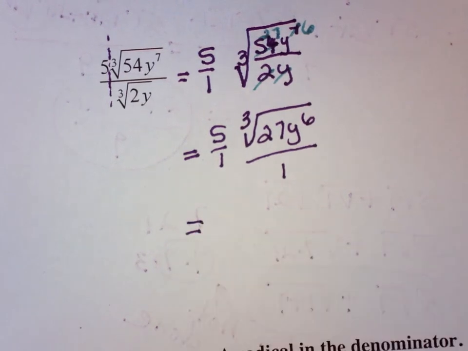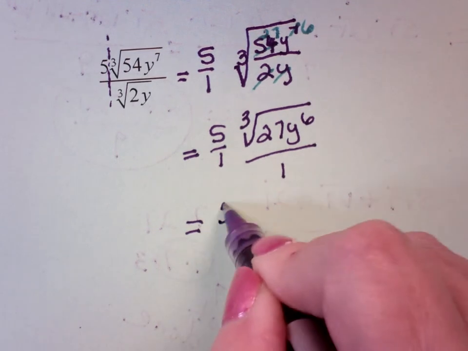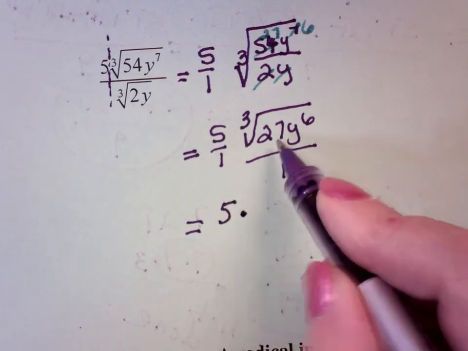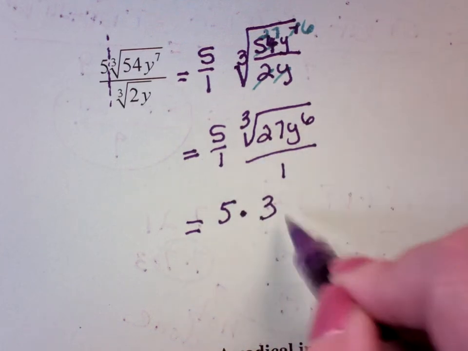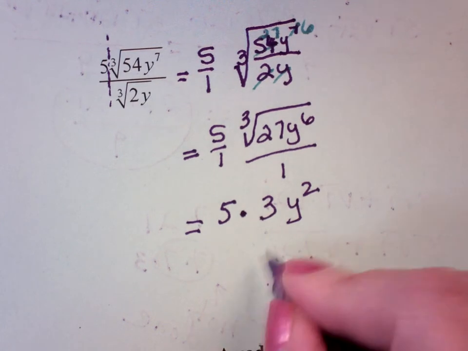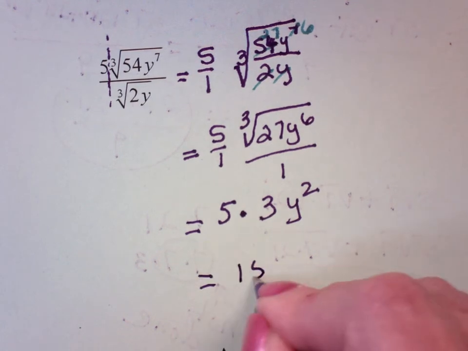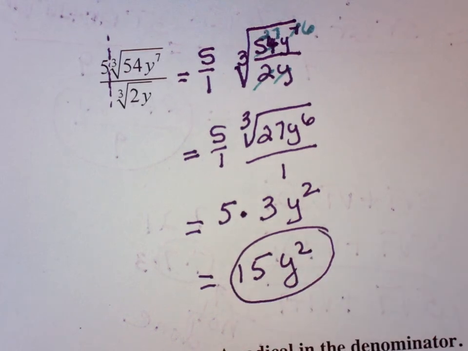And 27y to the 6th is a cube. So this is 5 times cube root of 27, which is 3. Cube root of y to the 6th is y squared. And so you're left with 15 y squared. Nice, clean, and simple.